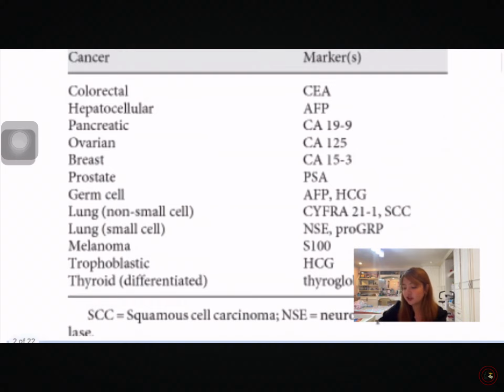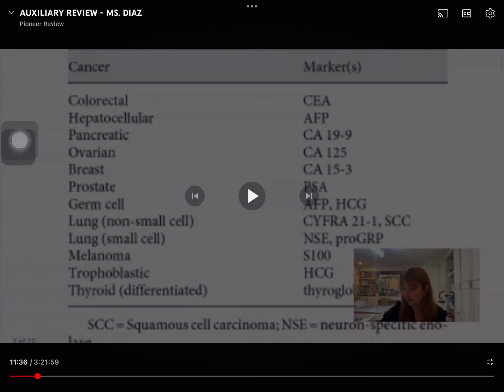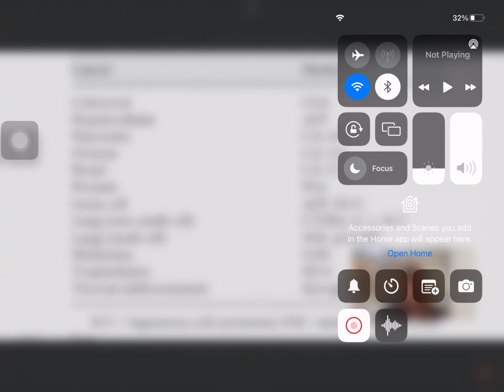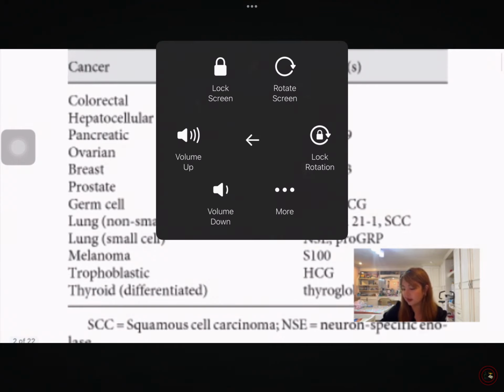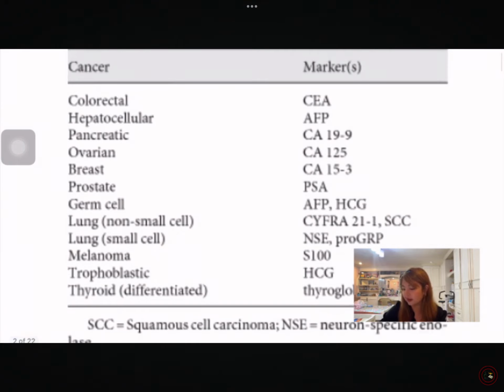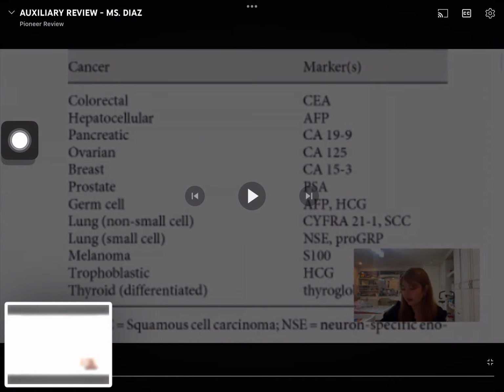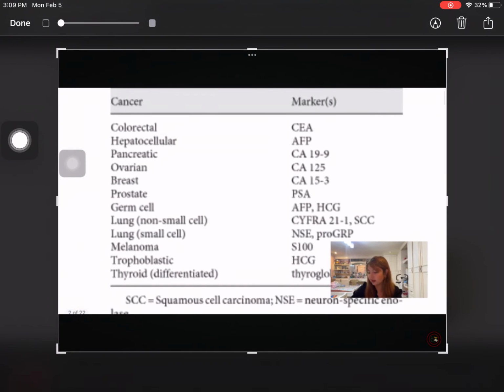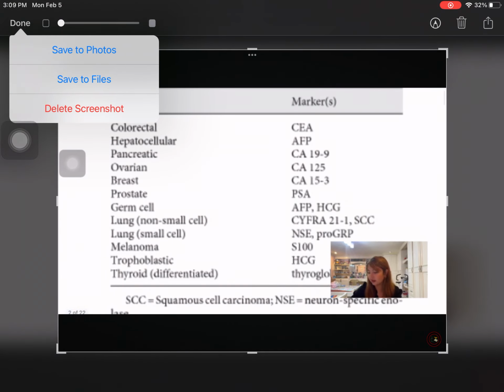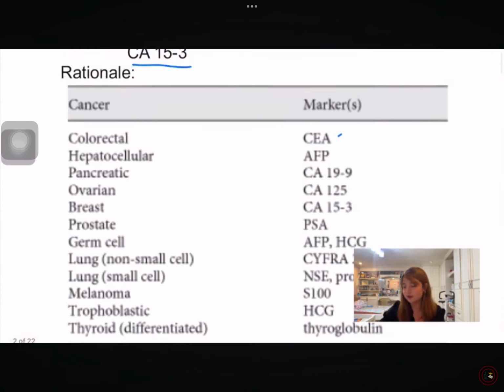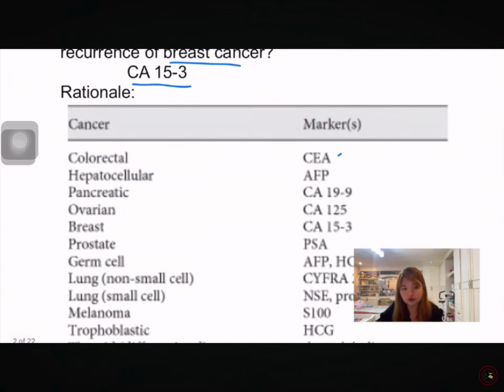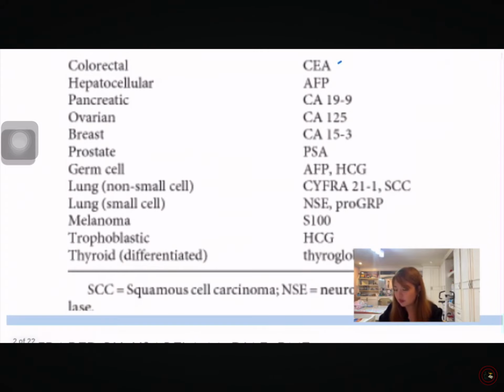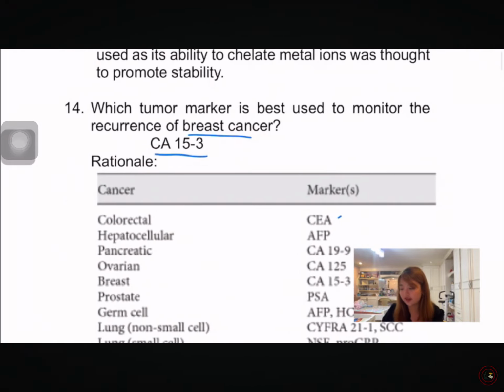I've listed in your rationale or in your handout the different tumor markers and yung related na cancer sa kanila. Remember, the tumor markers are used to monitor, usually, the progress of cancer within.